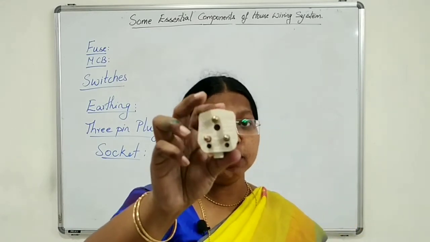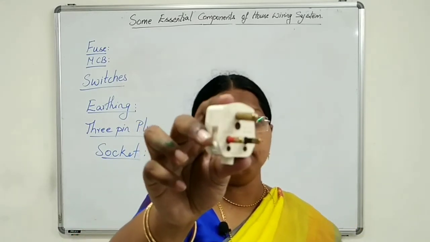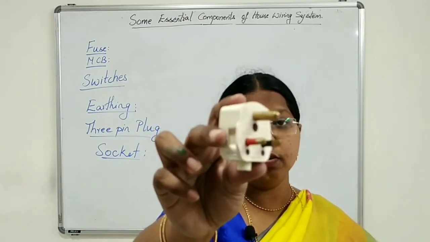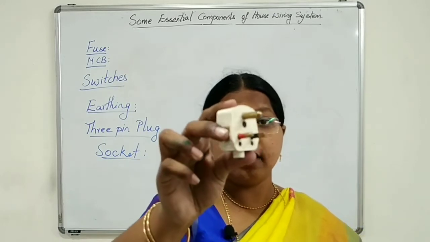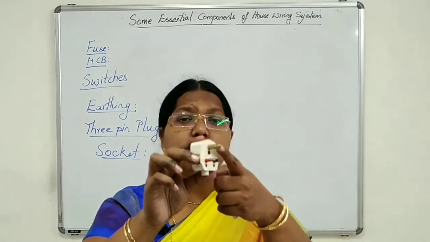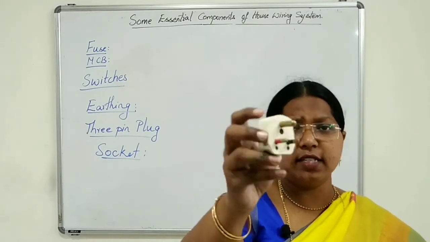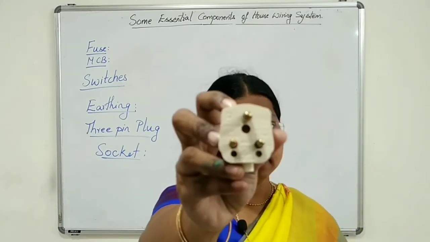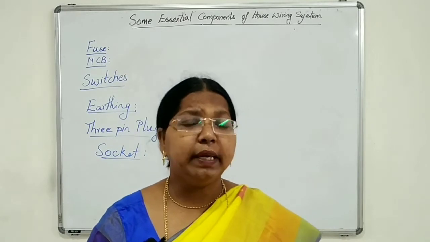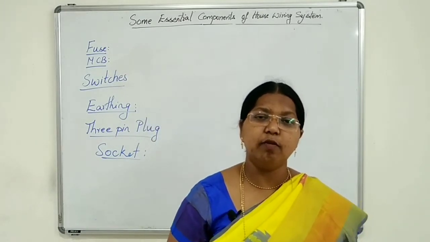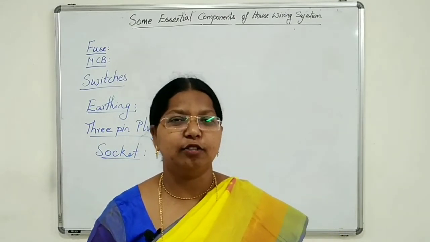And the top one, which is thicker and longer than the two, is called the earth pin. They are made of brass. So these pins are connected to the live wire, neutral wire, and also the earth wire.